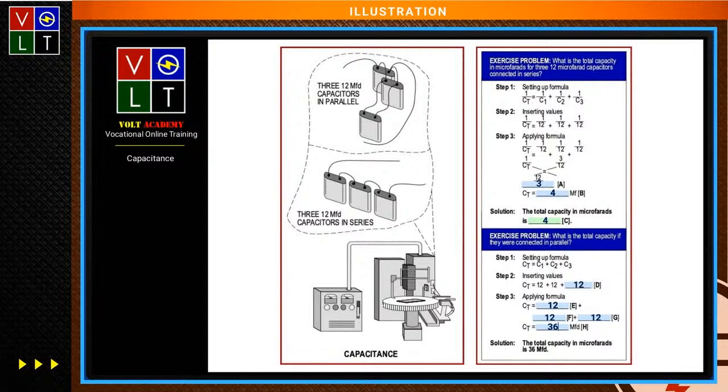So we'll look at that in the calculation. The symbol for microfarad is MFD. And therefore, we'll look at a capacitor with a maximum amount of electrons. That is going to be considered to be what? Charged.